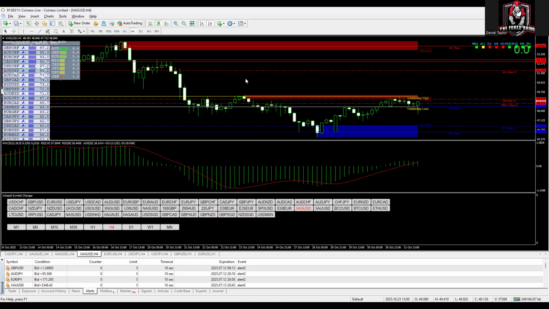This is why you have to understand and recognize levels of structure. If you get in the indices, gold, silver, crypto, and you remove this, you're thinking, damn, I could go all the way up here.